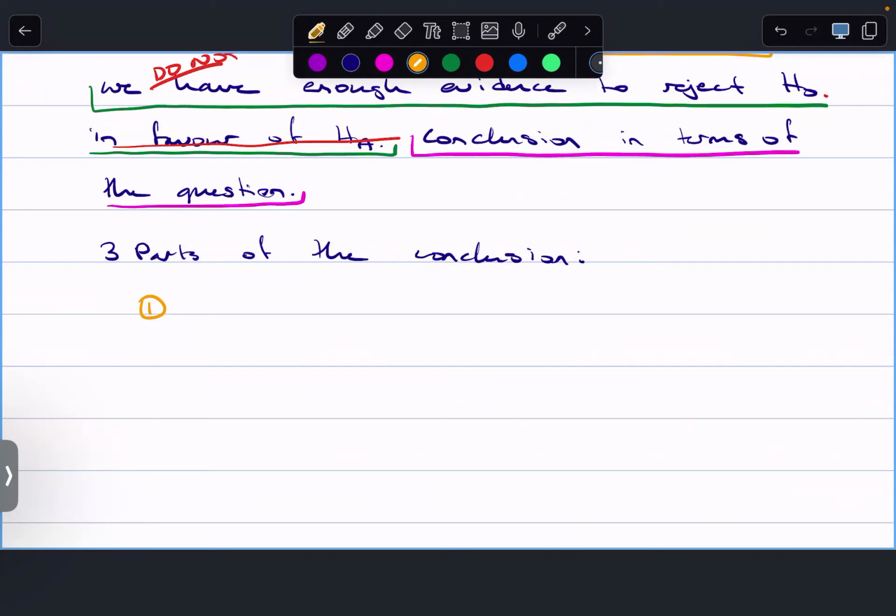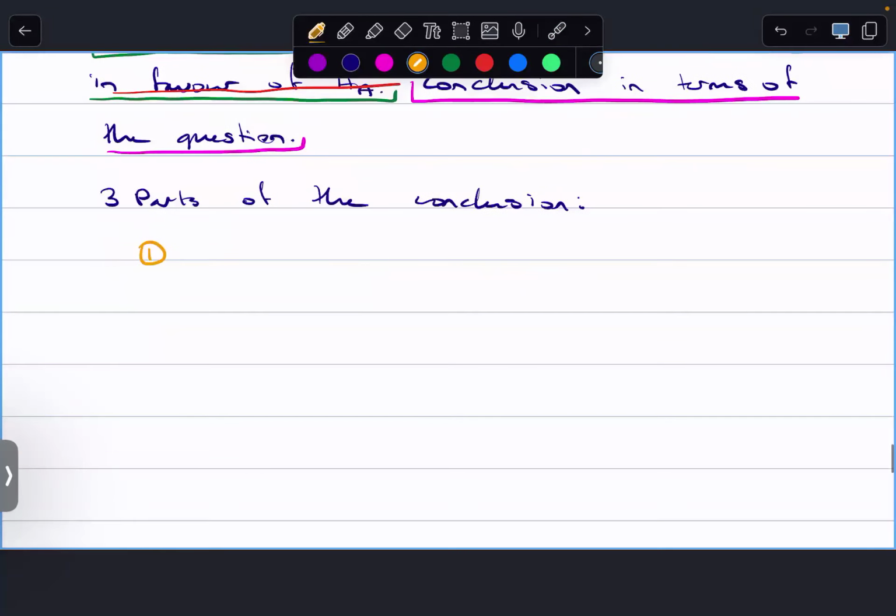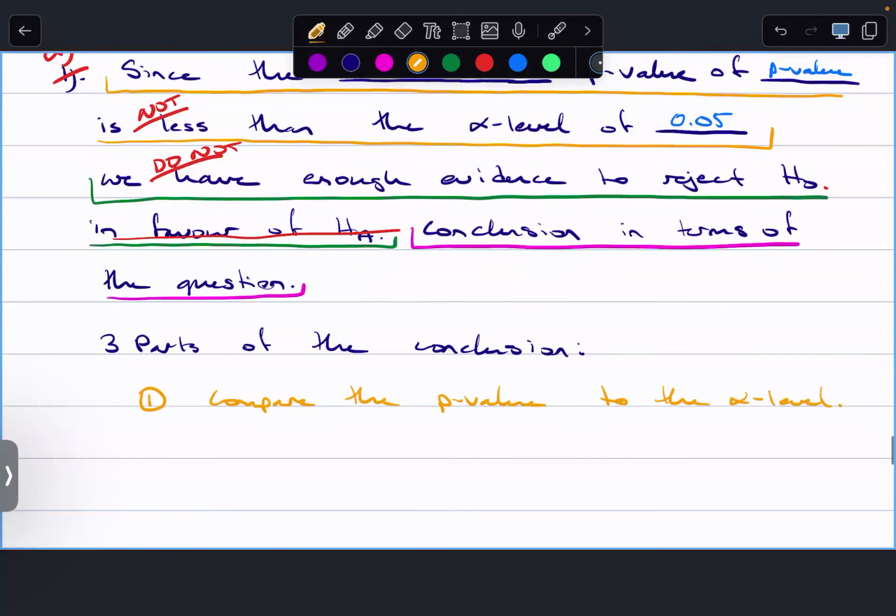The first one is you're going to compare the p-value to the alpha level. Then the second part is you're going to use that to state your conclusion in terms of H naught.